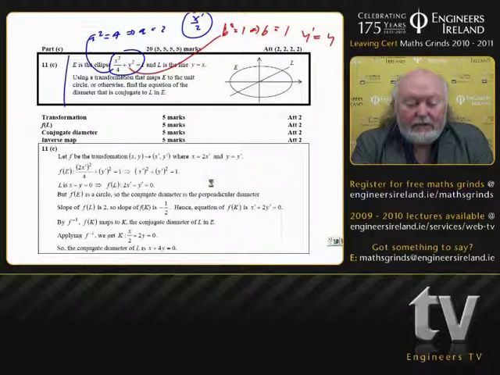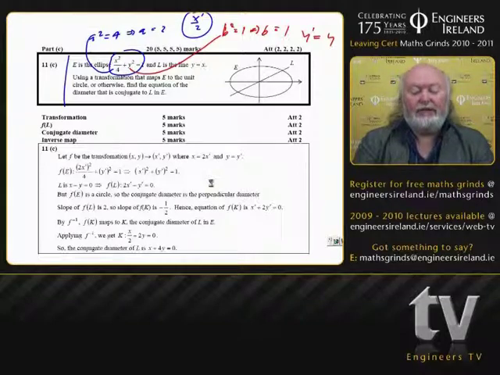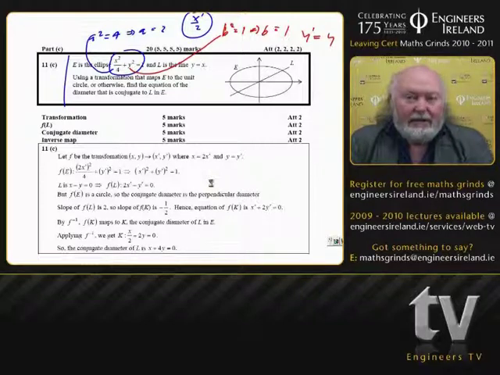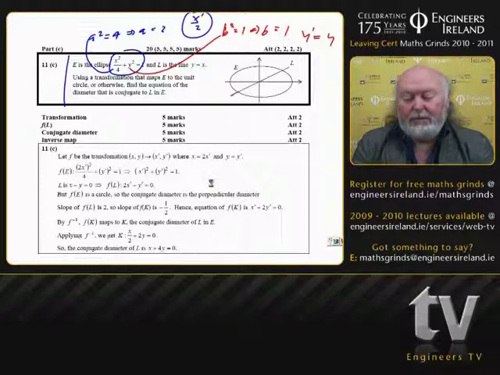Using a transformation that maps E to the unit circle, or otherwise, find the equation of the diameter that is conjugate to L in E. This is a little practical problem that takes into account what we found out before in a proof about conjugate diameters. This time we actually have an equation of a diameter, y equal to x.